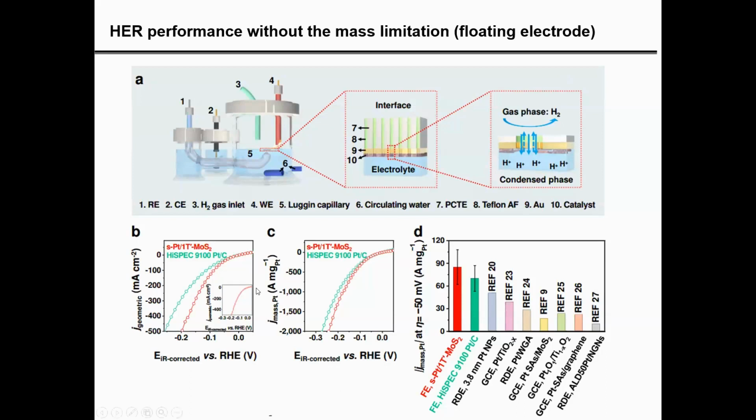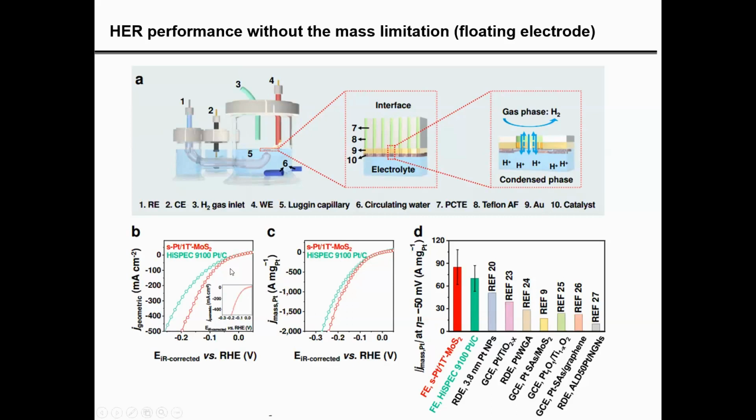We can see our material's intrinsic activity is better than the commercialized platinum carbon catalyst. And the mass activity is also higher than the commercial platinum carbon catalyst. We also tested the performance going to 2000 milliamps per milligram.